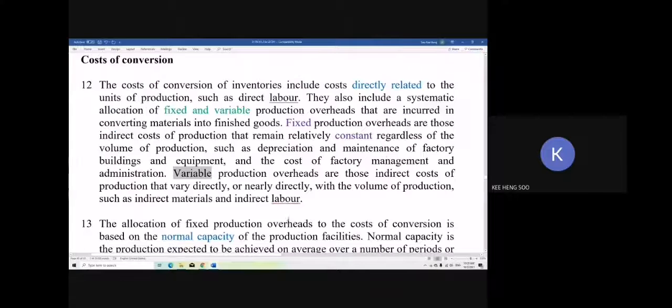Nearly directly, okay, nearly directly with the volume. The number depends on the number of units of production.